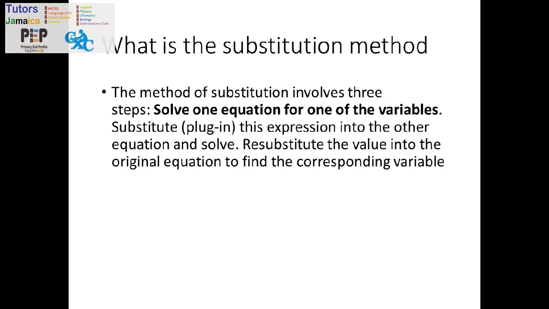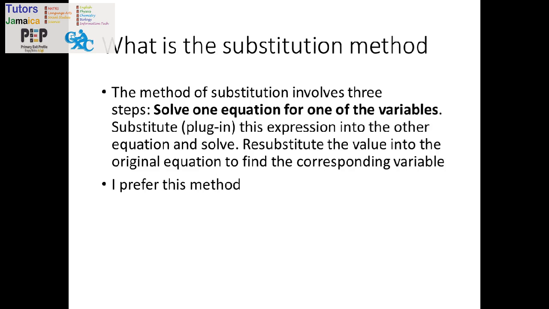Solve for one of the variables, substitute or plug in the expression that we get into the other equation and solve. Then substitute the value into the original equation to find the corresponding value. You'll get into what all of that means in this video.